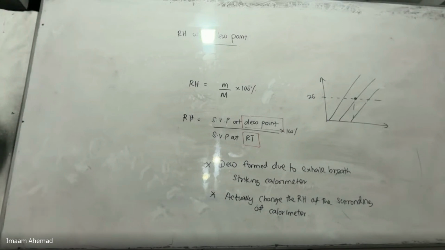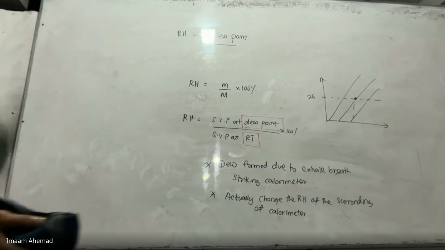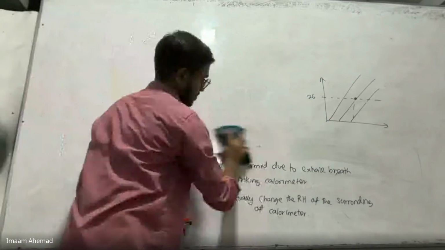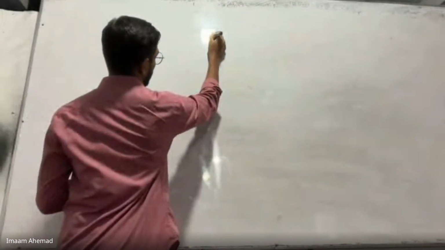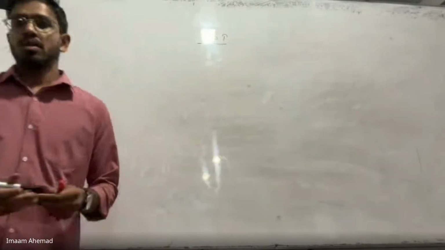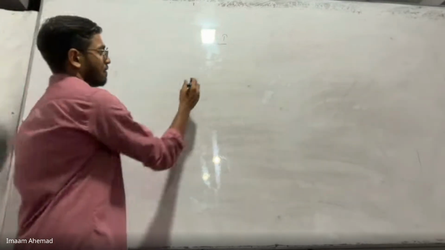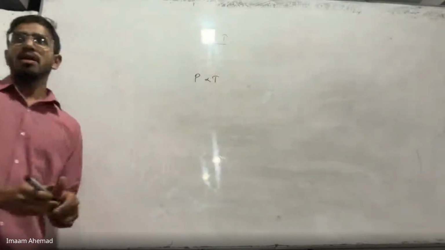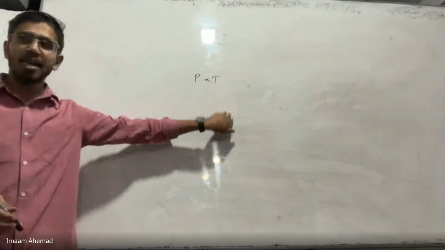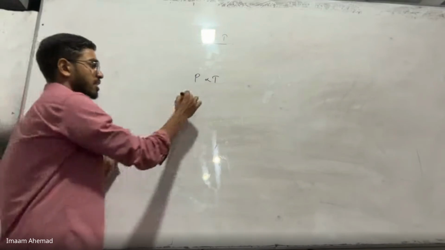So the next experiment is proving pressure versus temperature. When we want to prove this, if pressure is proportional to temperature, we must get pressure readings and temperature readings, and plot them in a graph.